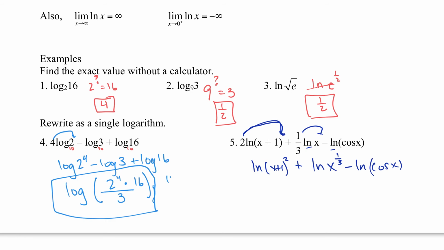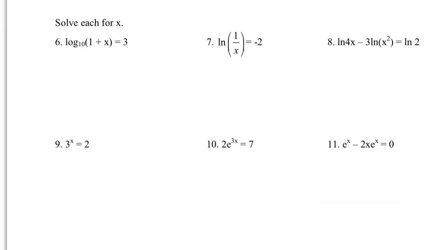All right, now I've got them all in terms of just ln, and now I can do what I did before: ln, and then anything addition is multiplication, anything subtraction would be division. So this will be x plus 1 squared times x to the 1/3, all divided by cosine x, just like that.